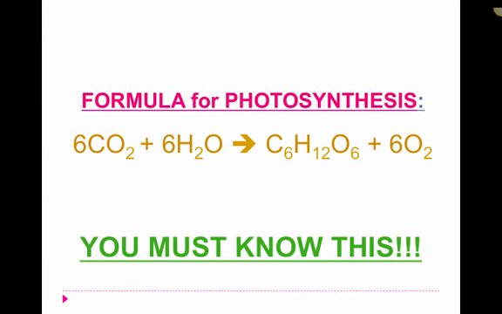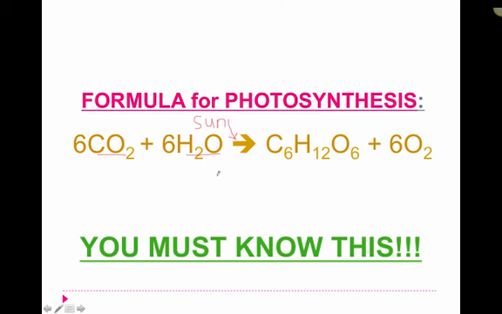So a summary formula for photosynthesis. We have carbon dioxide, CO2, and water that go into my formula. In addition, I would like you to draw the arrow that I'm drawing in now. We also have sun, or light energy.